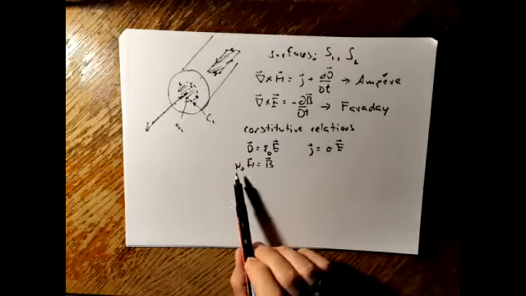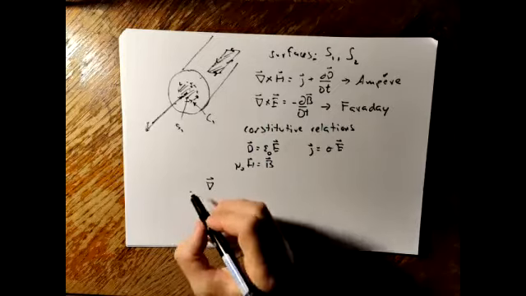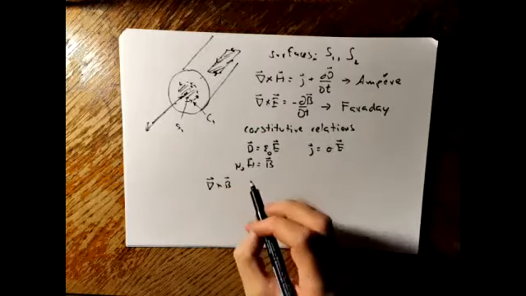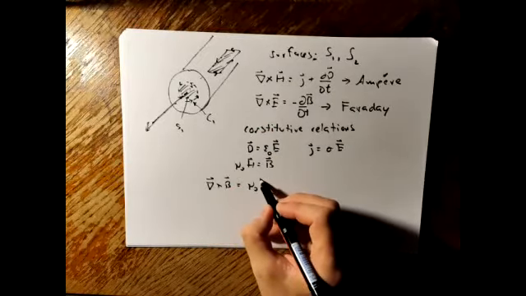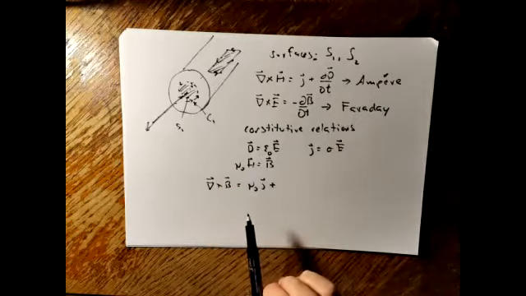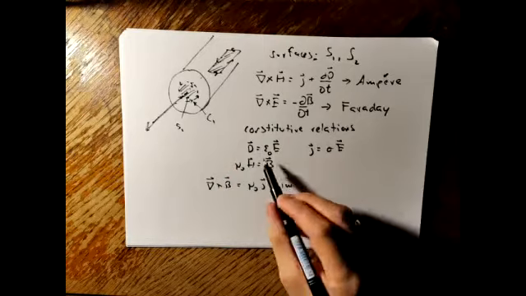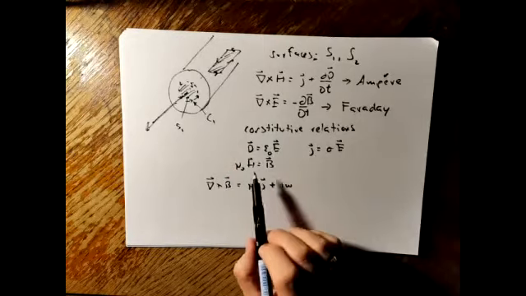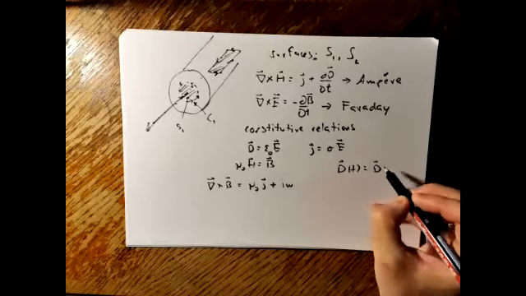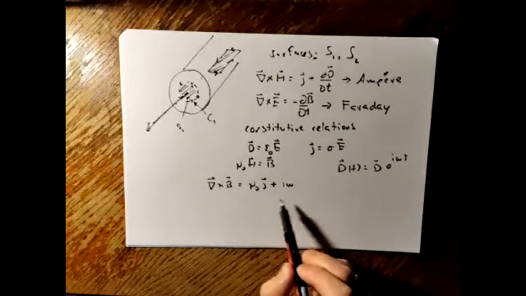So I'm going to rewrite these equations. I'm going to rewrite the first one as curl of B equals mu 0 times J plus mu 0 epsilon 0 times the time derivative of E. I'm going to use the time dependence: the D field is something time independent times e to the i omega t, so if I take the time derivative, I just get multiplication by i omega.